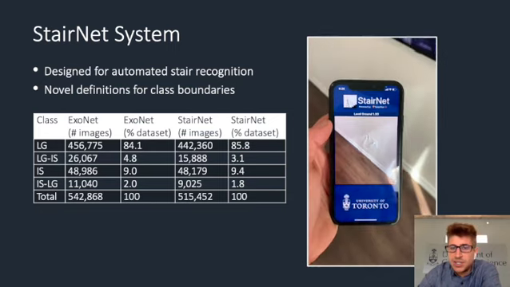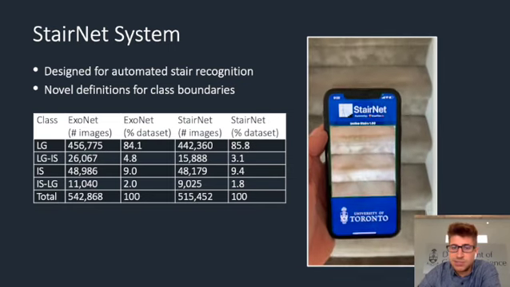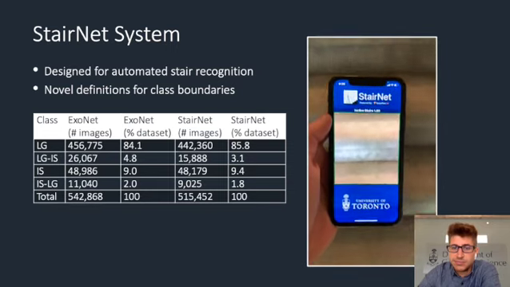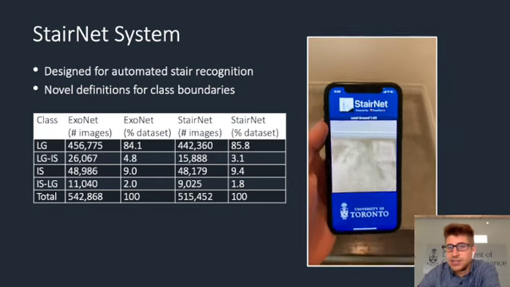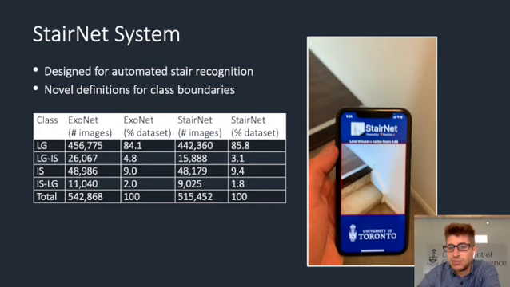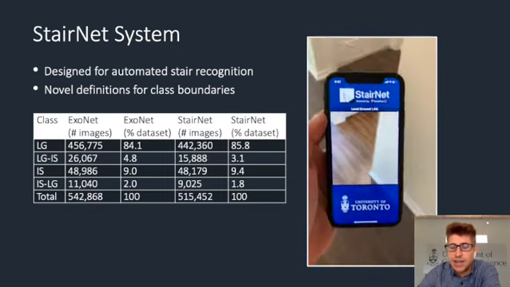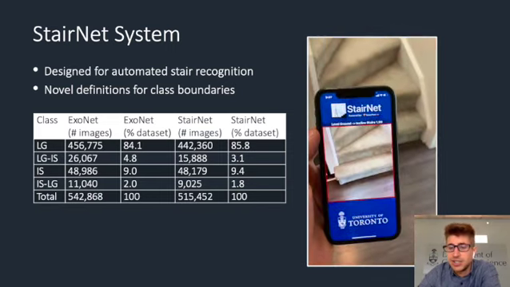And so here you see the system predicts level ground, then level ground to inclined stairs, then steady state inclined stairs, then inclined stairs to level ground, and then finally steady state level ground terrain. And all of this is done, as you can see, in real time with extremely high accuracy, and this is without even optimizing the system to leverage the onboard GPU.